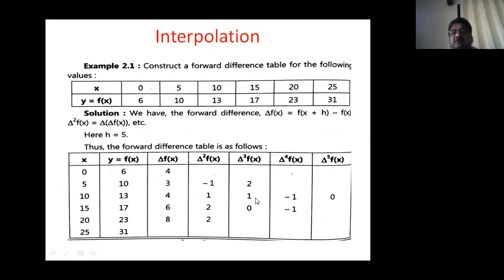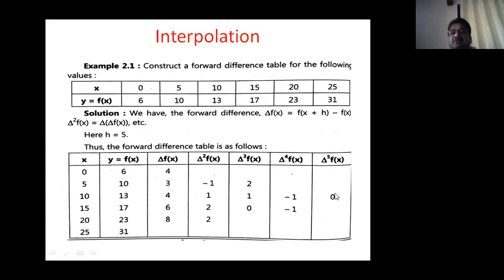Then this column contains 3 values, then 2 values, and the last column contains 1 value, 1 entry. So 6 values are given, and therefore we have the last column delta raised to 5 fx, or y. The notation for fx is also y. So write delta raised to 5y, delta raised to 4y, or delta raised to 4fx, delta raised to 5fx.